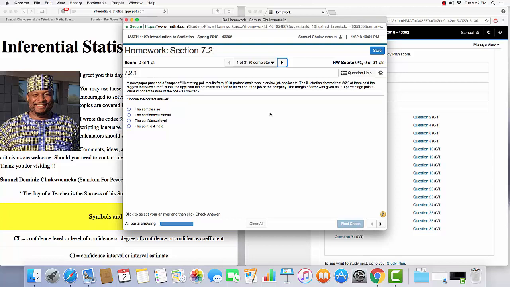Wow, that's not good. The margin of error was given as plus minus 3 percentage points. What important feature of the poll was omitted? So this is something that you really have to take note of.